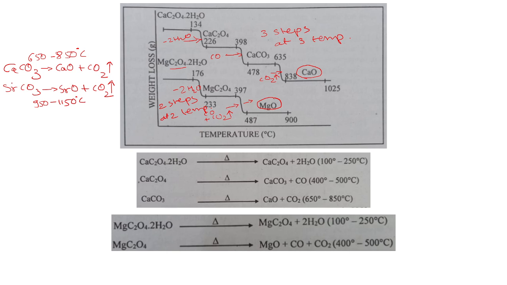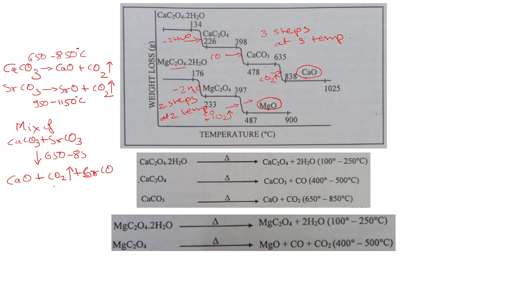So suppose there is a mixture of calcium carbonate plus strontium carbonate. You know the decomposition temperature of calcium carbonate, you know the decomposition temperature of strontium carbonate. What you do, the mixture is there, then heat it between the range 650 to 850 only. Only this will decompose, giving calcium oxide plus carbon dioxide, and strontium carbonate will remain as it is.